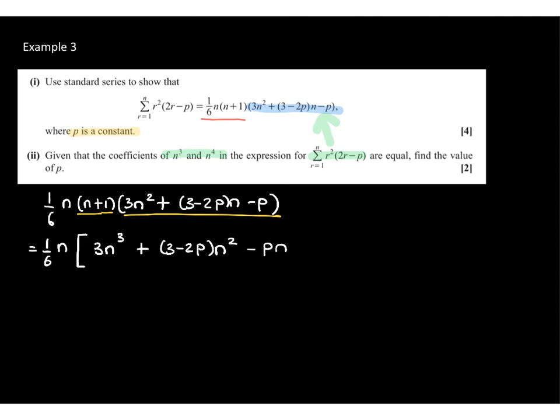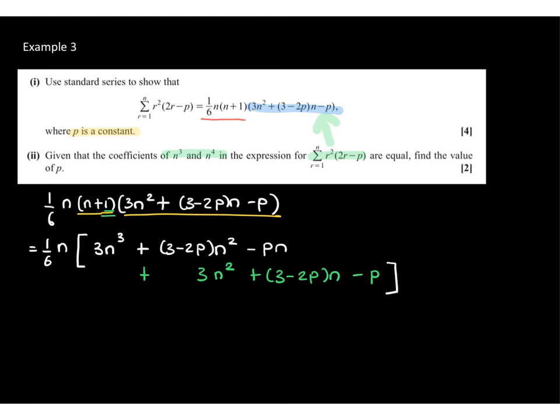And now I'm going to multiply everything in the second bracket by the 1 here. So that gives me 3n squared plus 3 minus 2p, bracket, n minus p. Notice I stacked my terms so I can see which ones match with which.